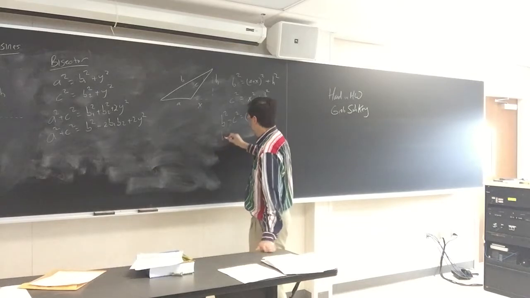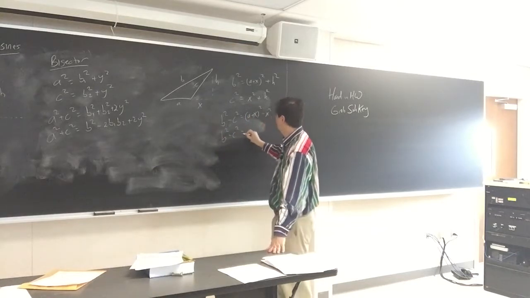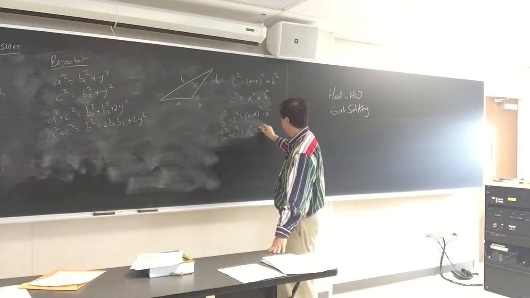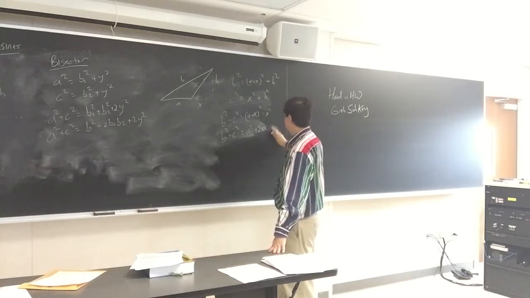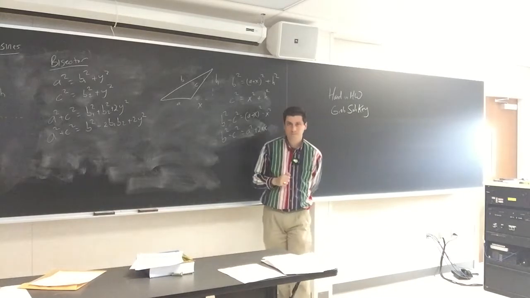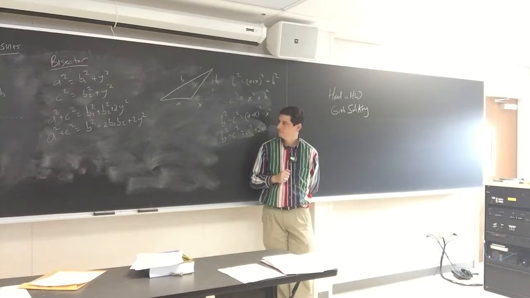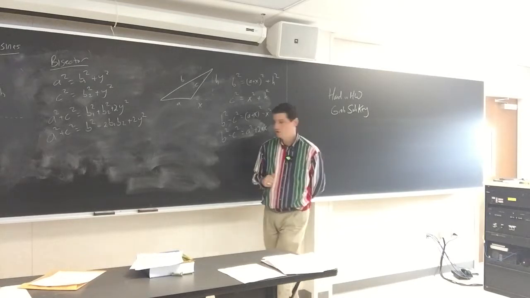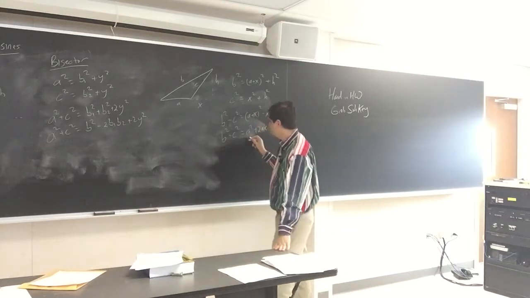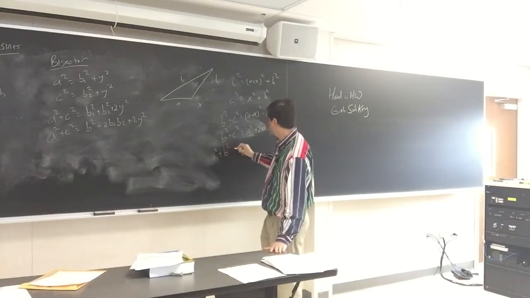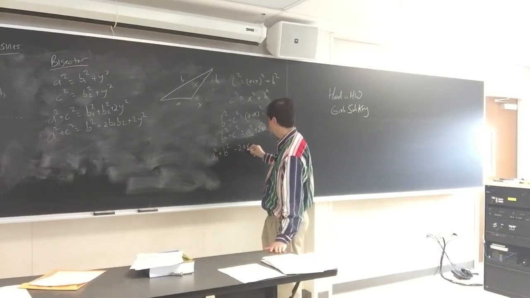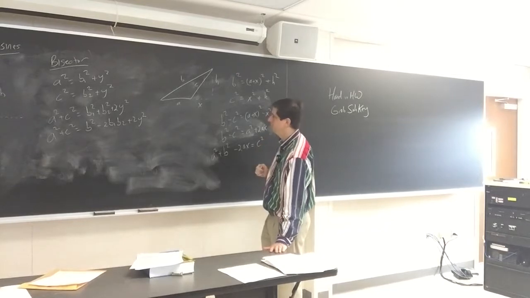So now we would get B squared minus C squared is A squared plus 2AX plus X squared minus X squared, so it'd just be that. Okay? So it's looking a lot like what we want. We would have A squared plus B squared minus 2AX equals C squared.